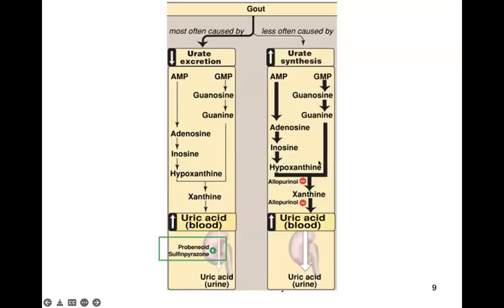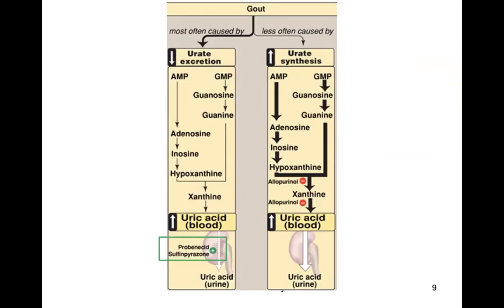All right, so like we mentioned earlier, gout can be caused in two ways: either by increased urate synthesis, so this is excess of hypoxanthine, xanthine, guanine on this side, or by decreased excretion. Maybe there's some kind of renal problem that is preventing excretion of uric acid. This can also result in gout.